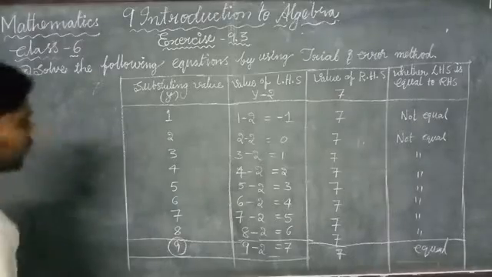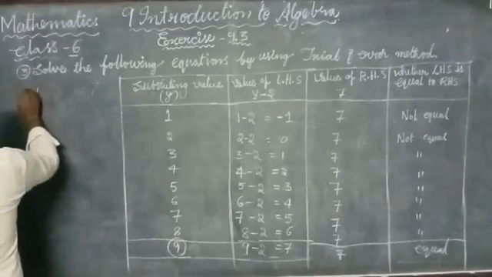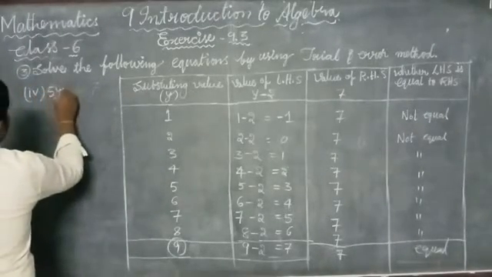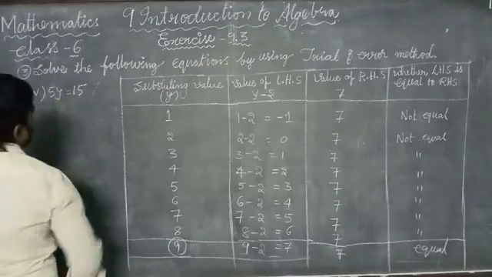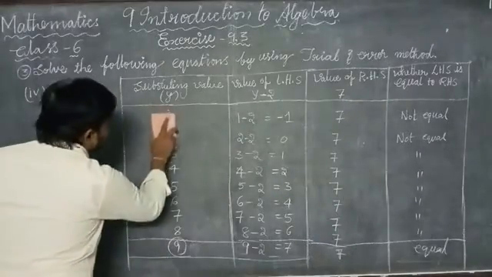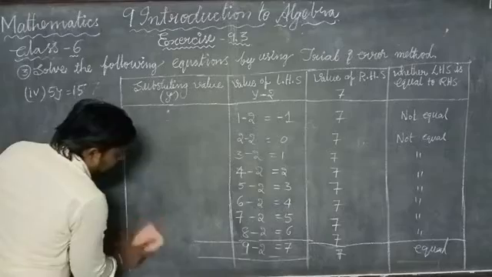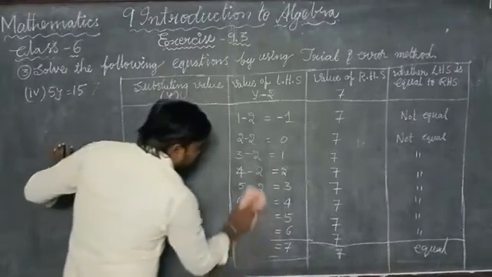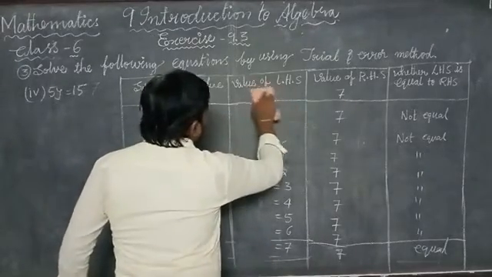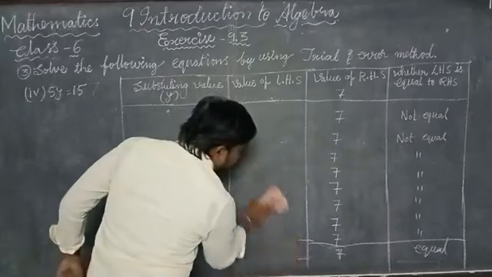The fourth one is 5y equals 15. Now let us see the equation.